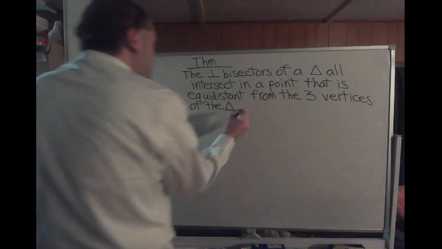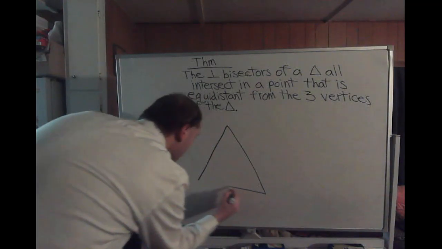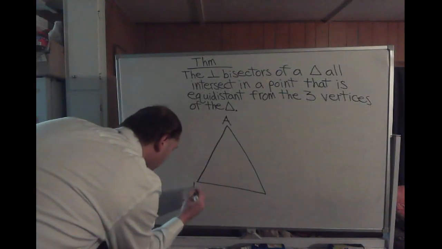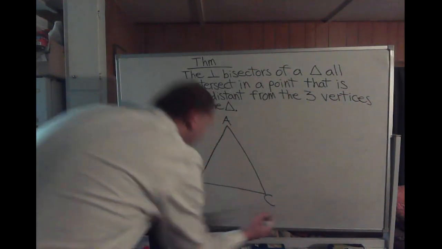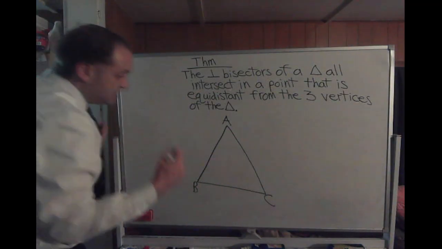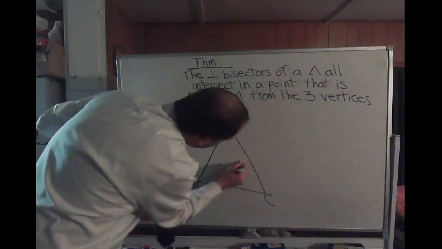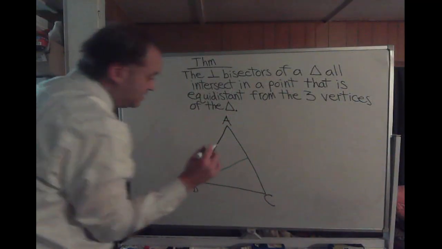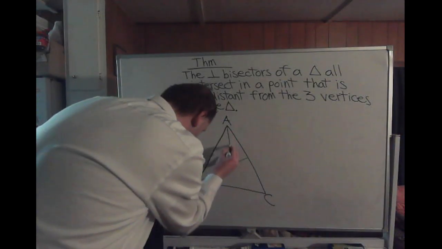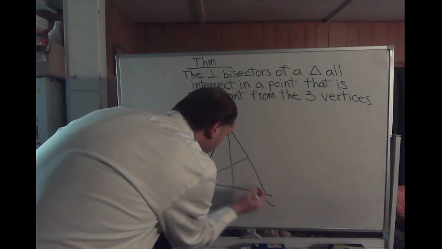Let me draw an illustration for this one. We'll name this one again triangle ABC. We need to find the perpendicular bisectors here. Pardon the nails on the chalkboard. Not the most bisecting, but whatever.